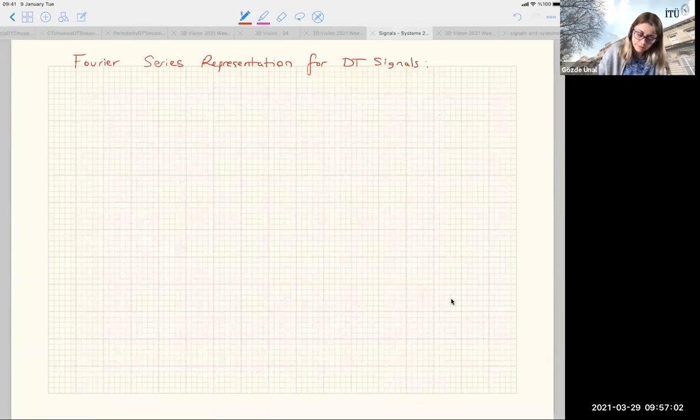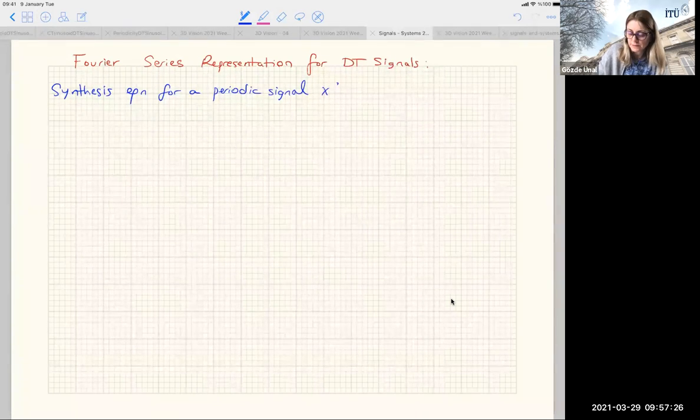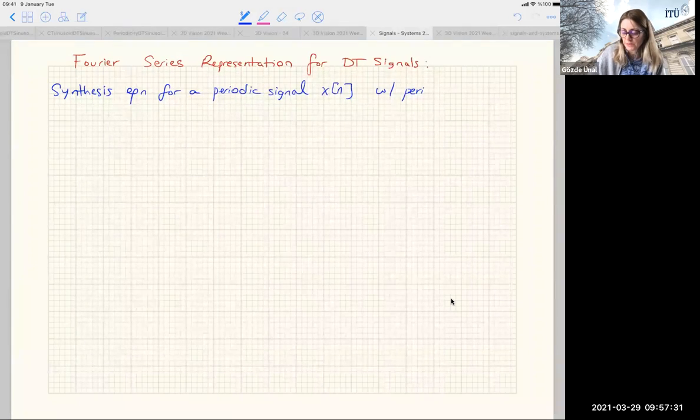Okay, so now it's going to look very similar, but with basis functions that are of course discrete time sequences now. But let's write the synthesis part first. Synthesis equation for a periodic signal. But of course, it's a discrete time signal, x of n with period, let's say, capital N, and it's an integer, right? N is an integer this time, and an integer, of course.